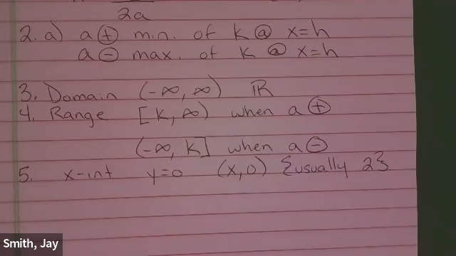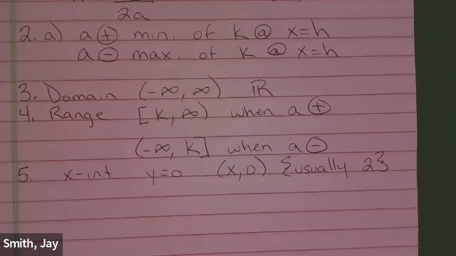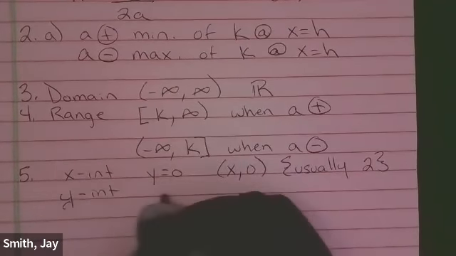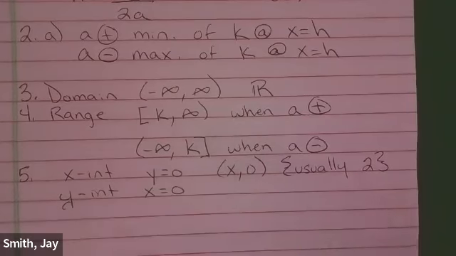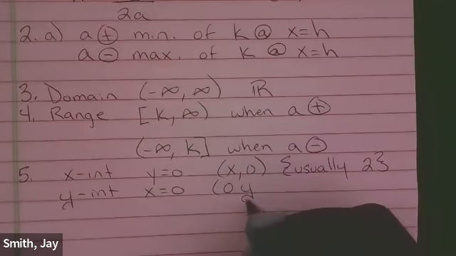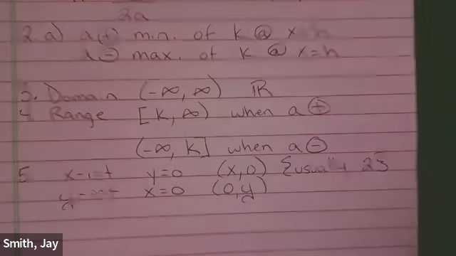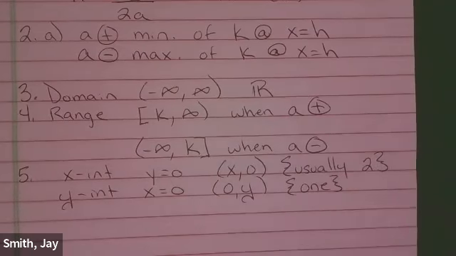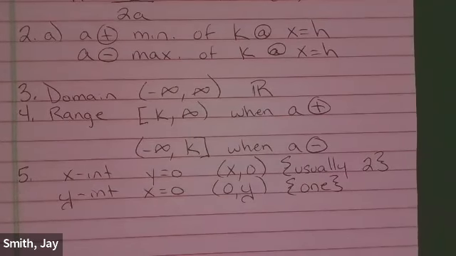That's going to be problem specific. But most of the time, we're going to have two x-intercepts. For the y-intercept, this implies that x is equal to 0, so the pair is going to be 0, y. And there's usually one y-intercept, even when we're graphing quadratics.